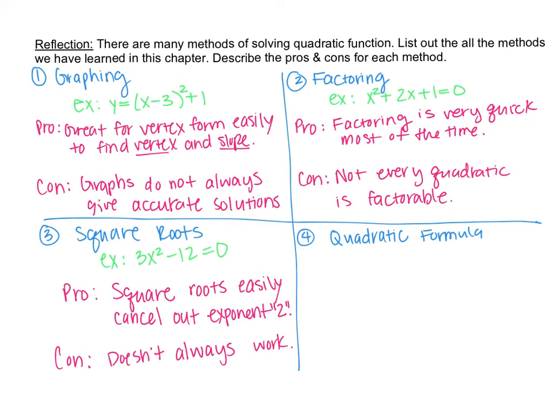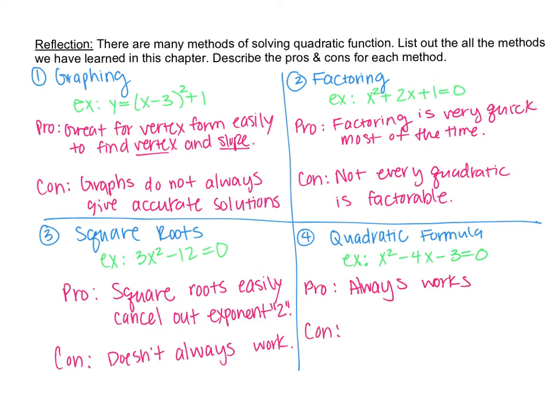Then you could use the quadratic formula. So the quadratic formula is only used for something in standard form, but anything can be changed into standard form. So the pro with this is that it always works.